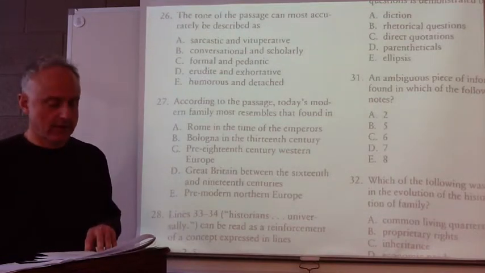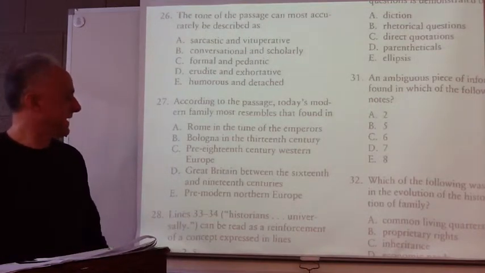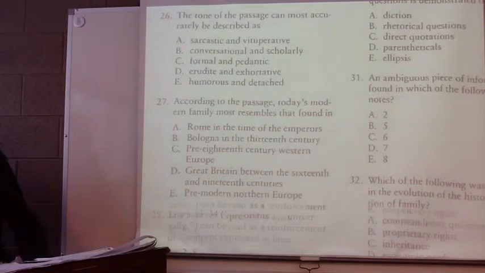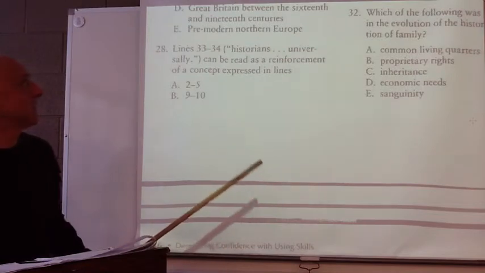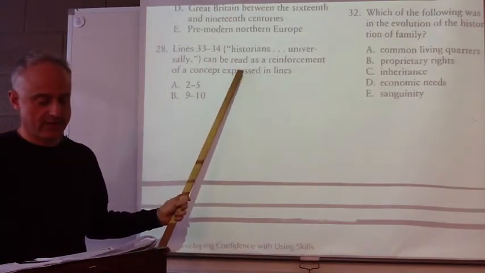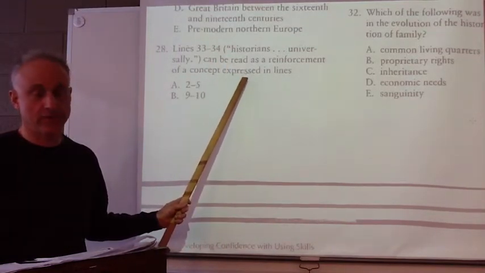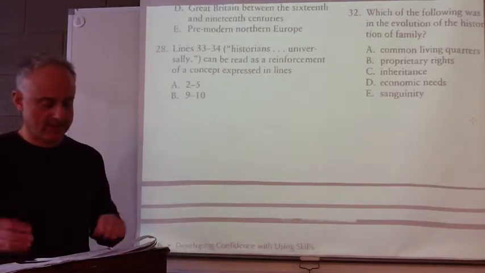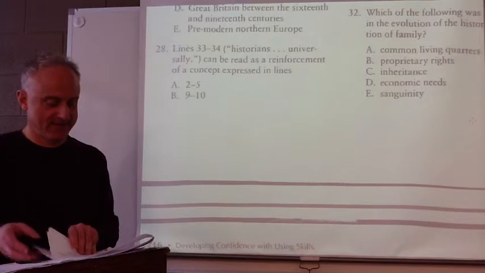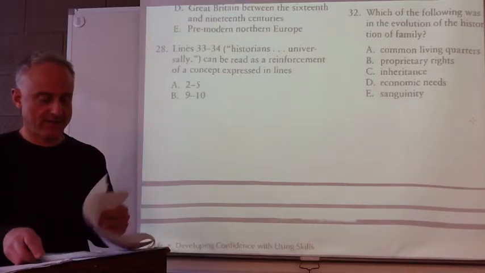Okay, so question 28 has to do with understanding. These lines refer to the definition of family, that it's universal or not universal. But I guess I should look back at lines 2 through 5.